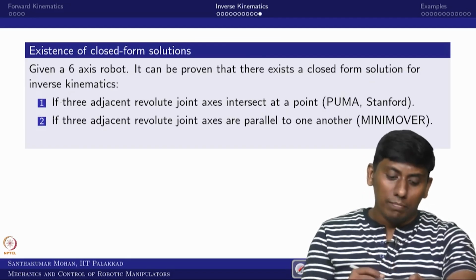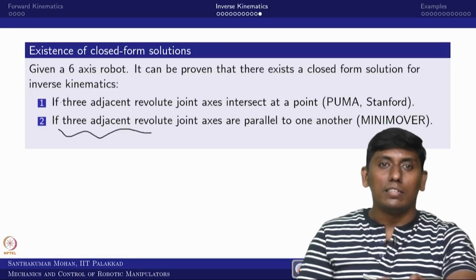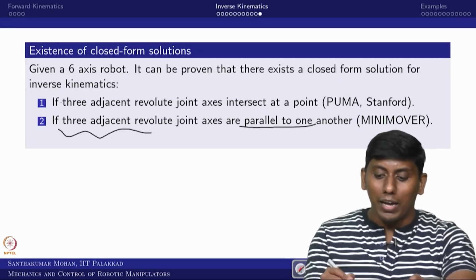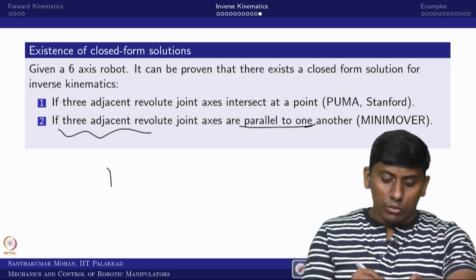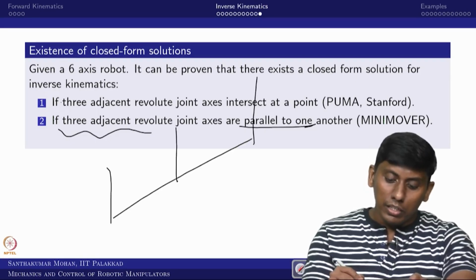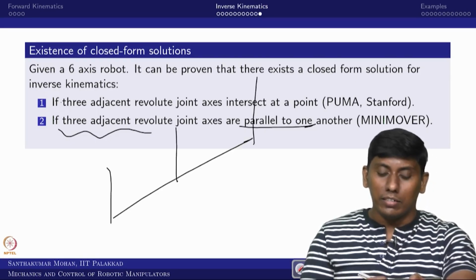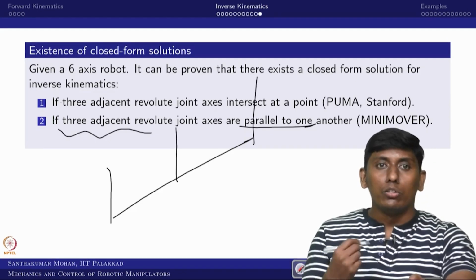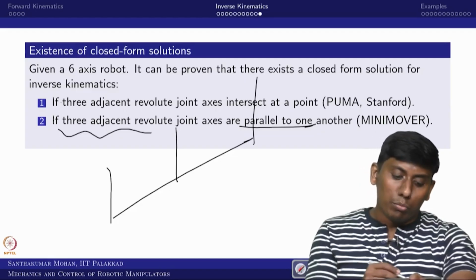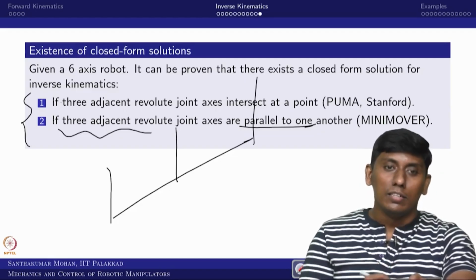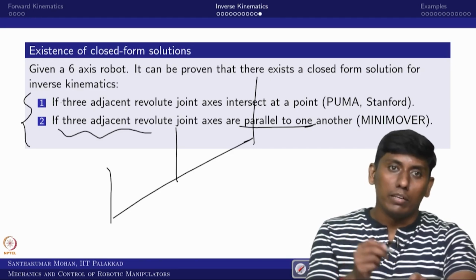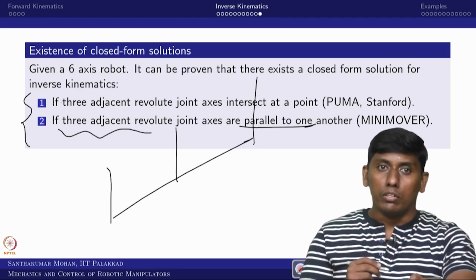So what is the other possibility? Either this or that. The 3 adjacent revolute joint axes are parallel to each other. So these 3 adjacent axes are parallel, then also the solution exists. So the necessary condition is that it is supposed to be a 6-axis robot and the given point is supposed to be within the workspace.